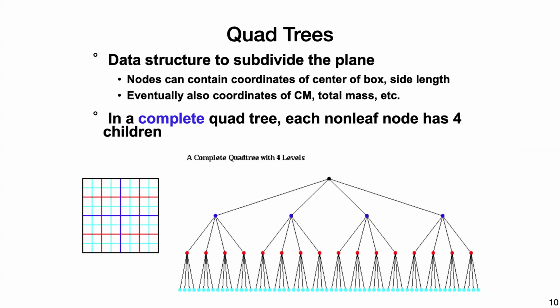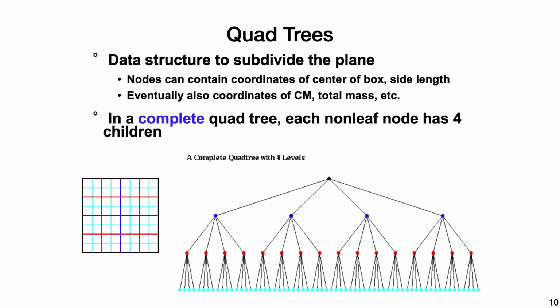The idea is that in the simplest case, you have a 2D plane with some points in it, and we want to represent their spatial distance to each other using this tree formulation. Basically, if this is the 2D grid, we just recursively cut it into quadrants. That's where the quad comes from.